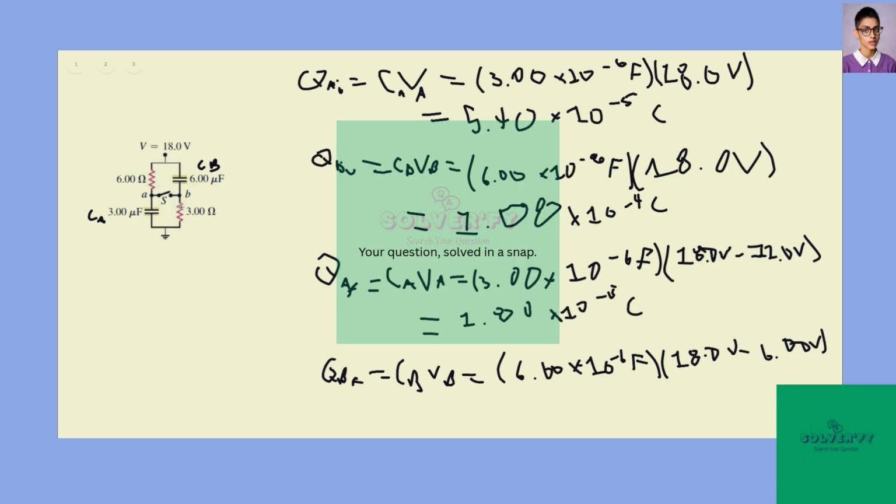We've already figured out in the previous problem that's 6 volts, which is going to be 7.2 times 10 to the minus 5 coulombs.